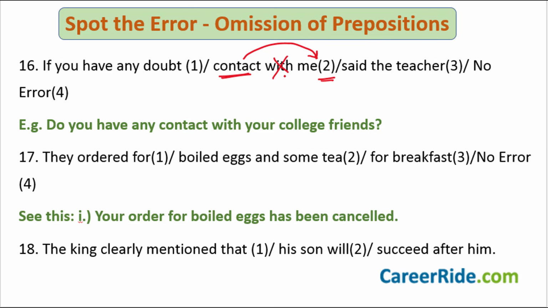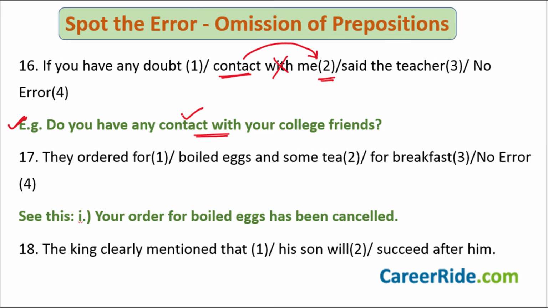But now there's a possibility that some of you might start thinking that you will never use with or any other preposition with this word contact. No, that's not correct, because it depends upon the type of sentence you have got. Okay. So for example, read this sentence. Do you have any contact with your college friends? Now you see, I'm using a preposition here. Why?